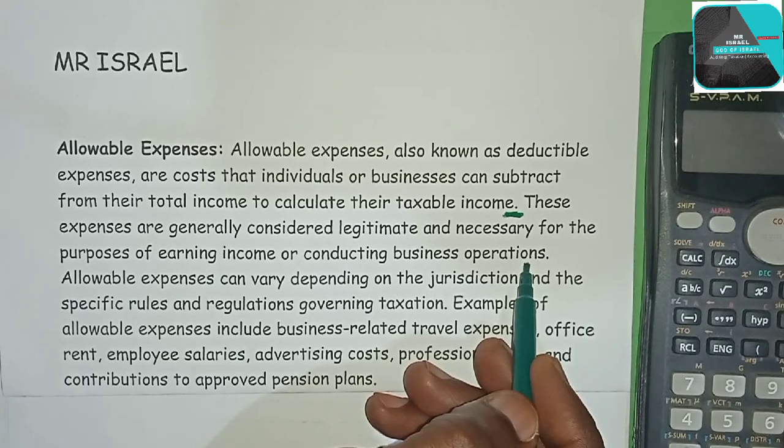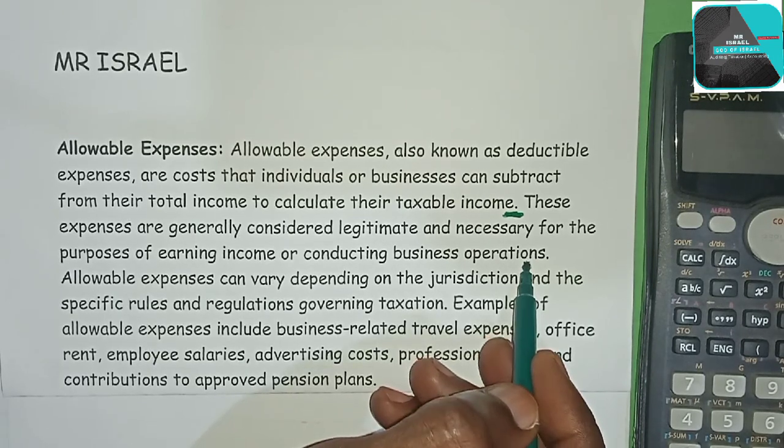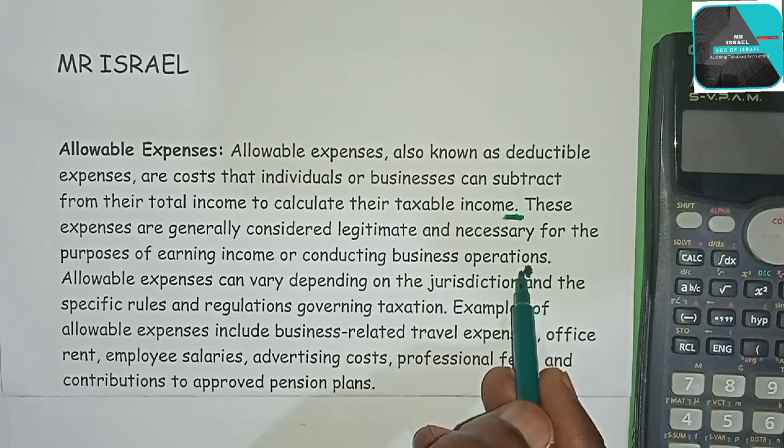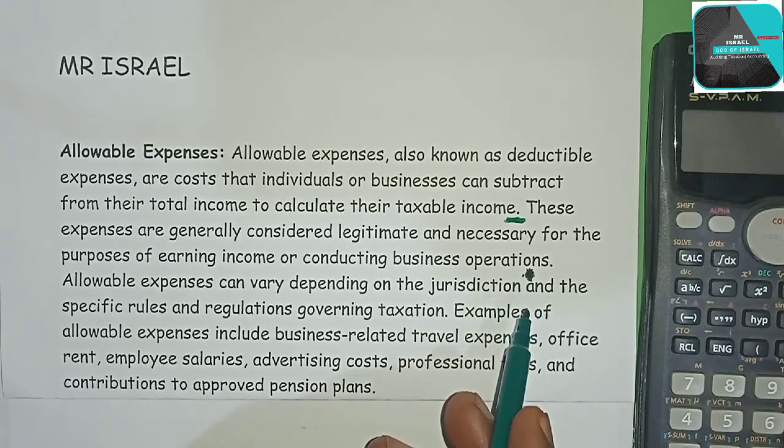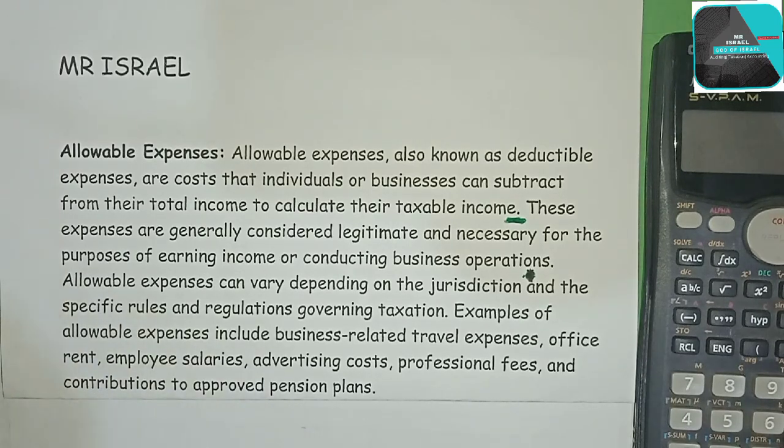Are you getting me? If you incur any expenses that are not related to the business, it is disallowable. Once the tax authority lays hands on it, they are going to do what? Add it back. But once it's legitimate, allowable, they will let it go. So there are those legitimate expenses that are deducted from the income of a business.